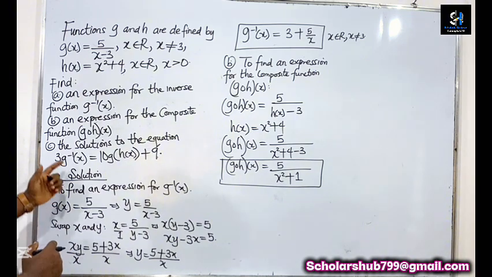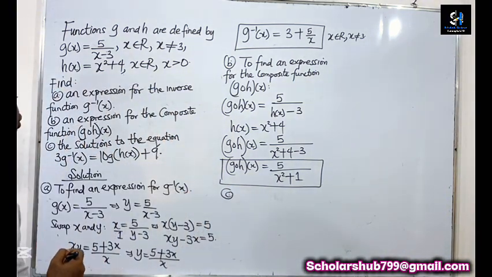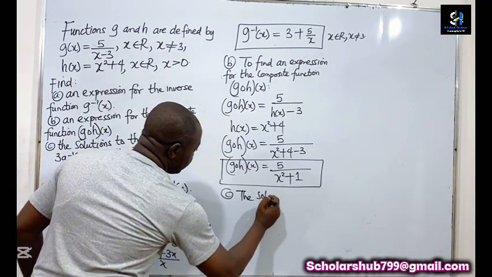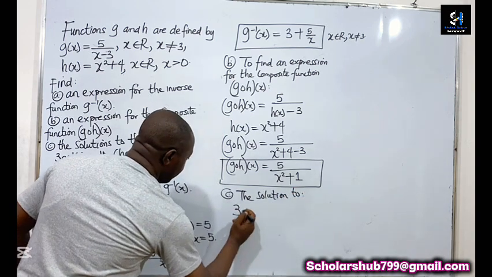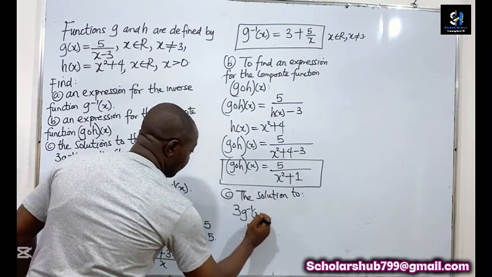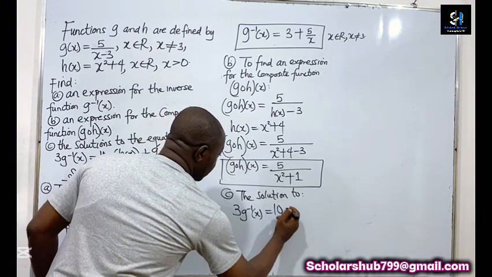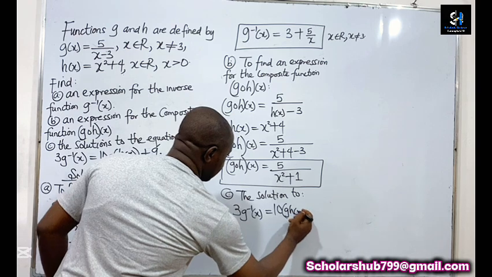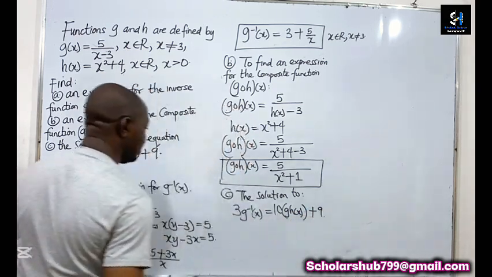All right, now the solutions to the equation. Now, the solution to 3 multiplied by the inverse function of g of x equals 10 multiplied by the composite function gh of x plus 9.